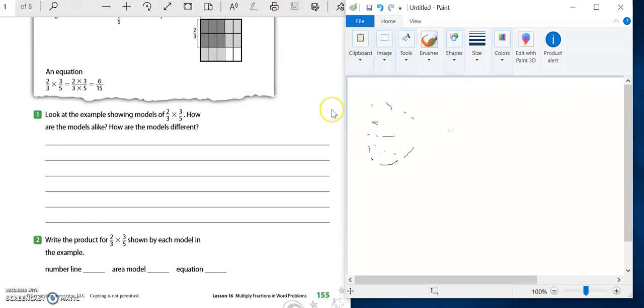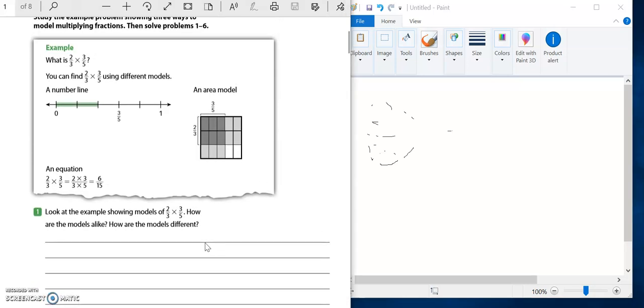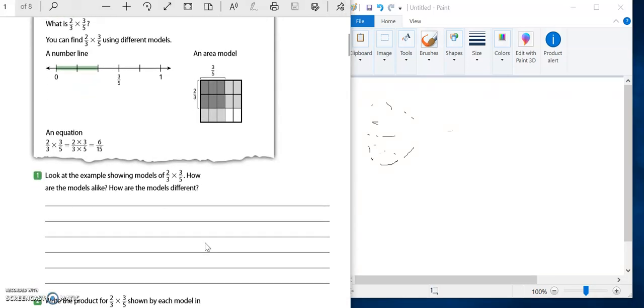Okay, so moving on, we're going to look at number 1. It says, look at the example showing the models of 2/3 times 3/5. How are the models alike and how are the models different? So we are comparing between the number line, the equation, and the area model. It looks as though all 3 models show the parts of the problem, the factors, and the product.